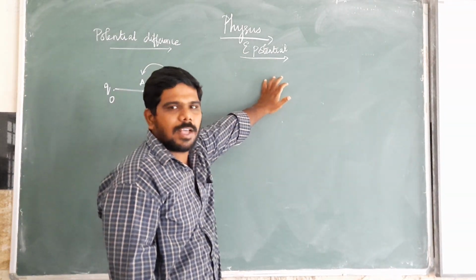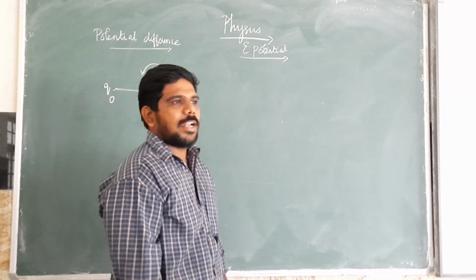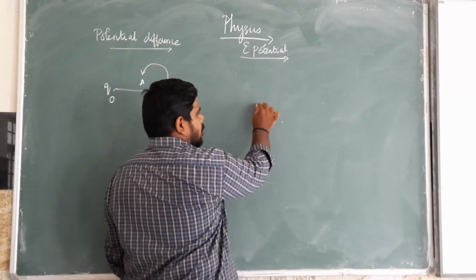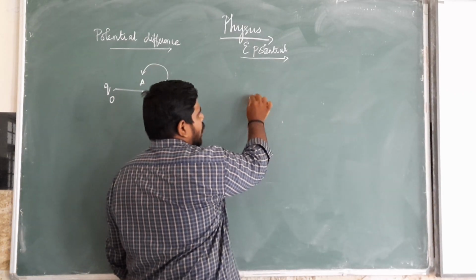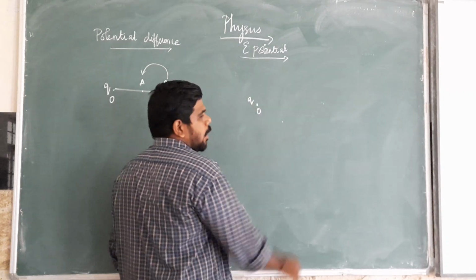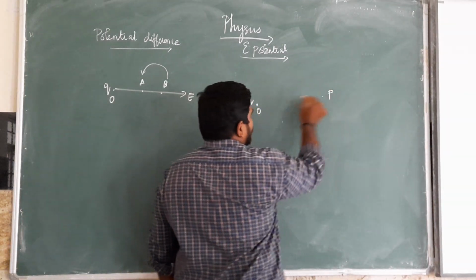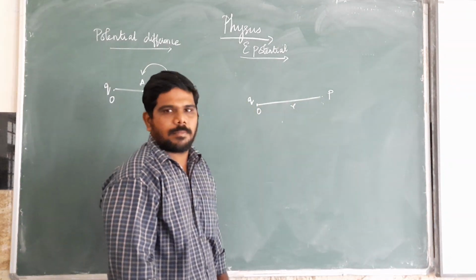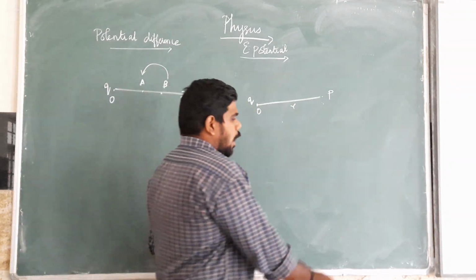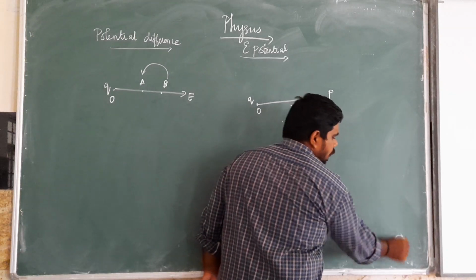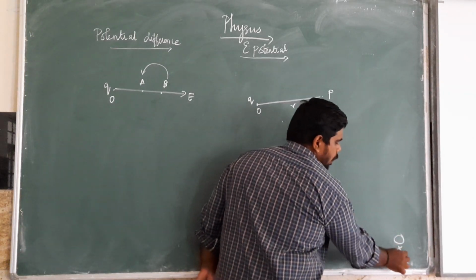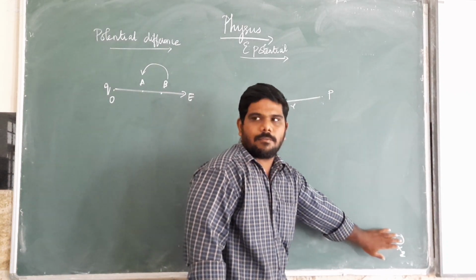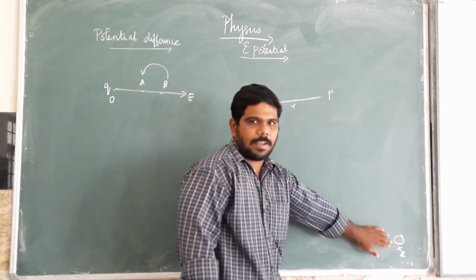Next, we are going to see the electric potential. Consider a point O having a charge Q. Let P be a point at a distance R. Now we consider a positive charge in the infinite region.